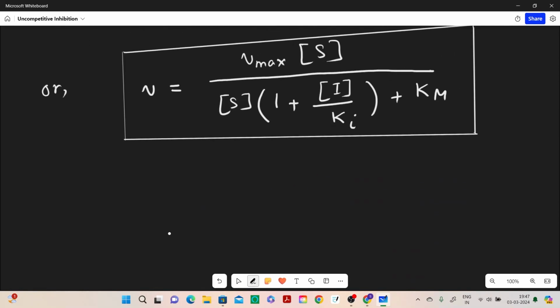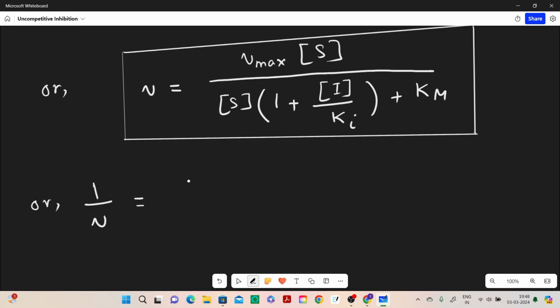Now we will derive the Lineweaver-Burk plot for this equation, which is just taking the reciprocal of the left hand side and the right hand side of that equation. So it becomes 1 by V is equal to, sorry, I made a small mistake over here.